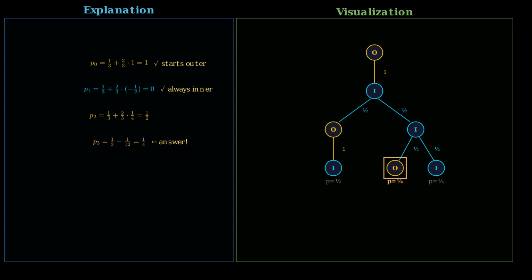This makes sense. After one step from an outer point, Charlotte is always at an inner point. P_2 is 1/3 + 2/3 times 1/4 = 1/3 + 1/6 = 1/2. P_3 is 1/3 + 2/3 times (-1/8) = 1/3 - 1/12 = 1/4.